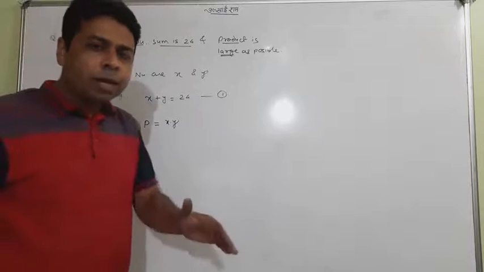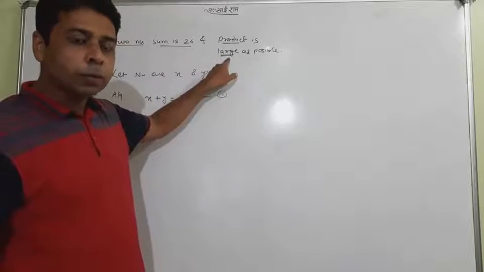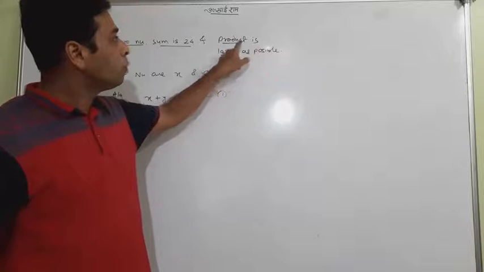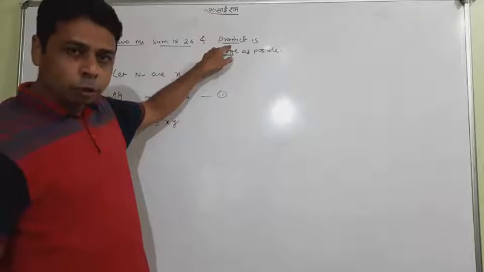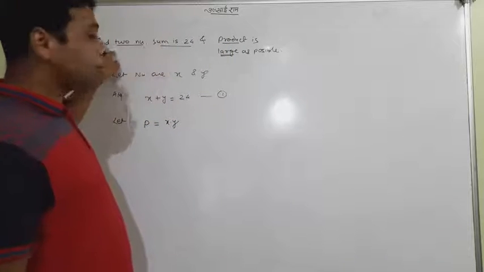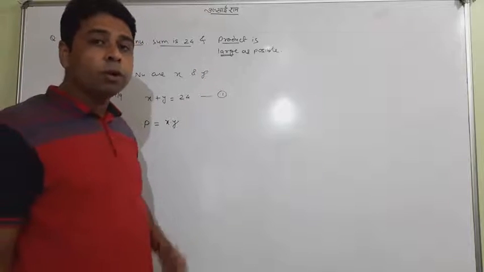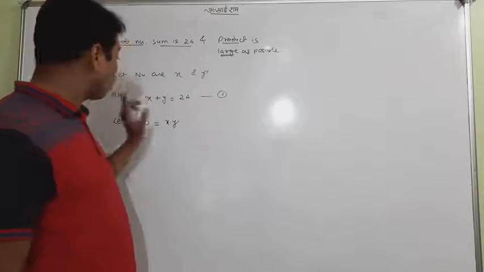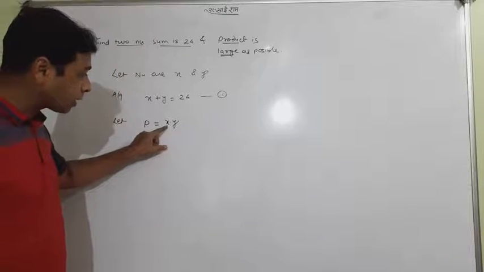Large means maximum, so we have to find that the product should be maximum, and then what those numbers are we can find out easily. First of all, we will prove that the product P is maximum. So P is a function of x and y.